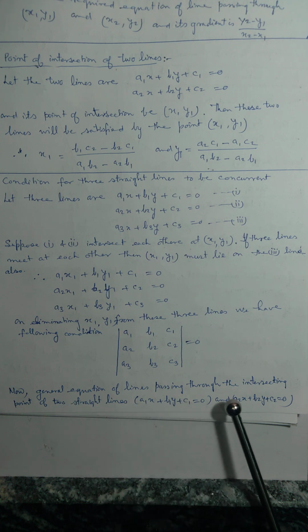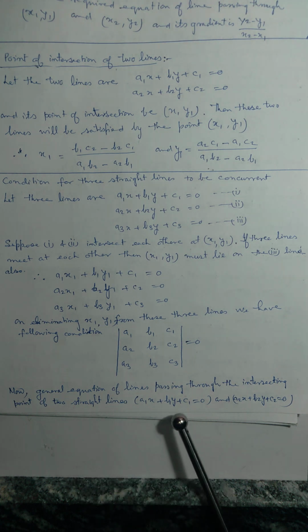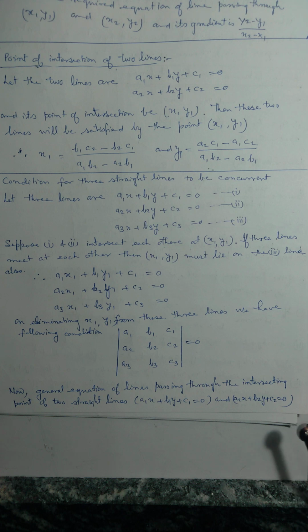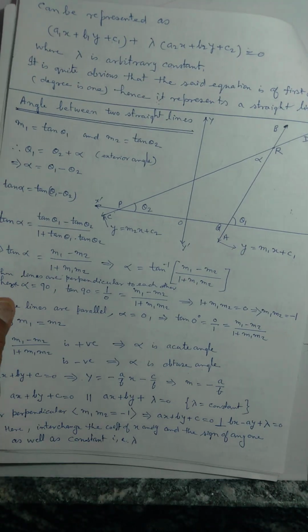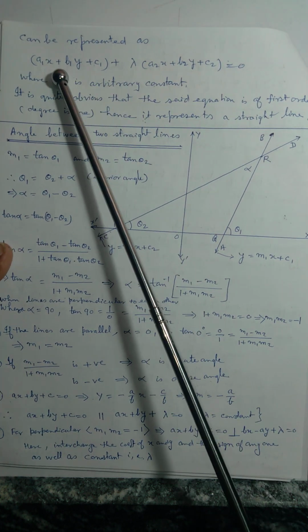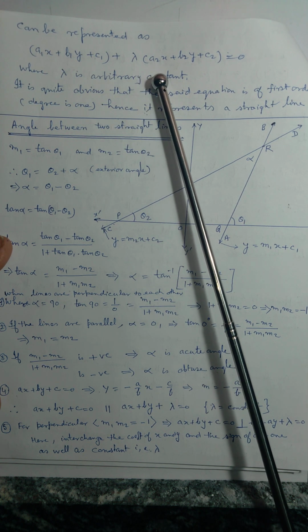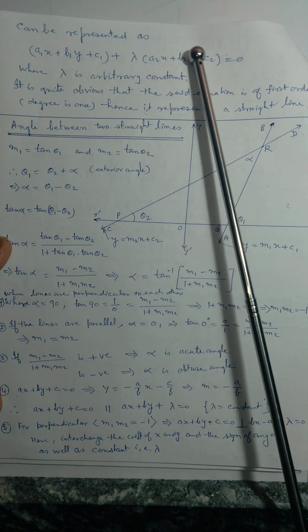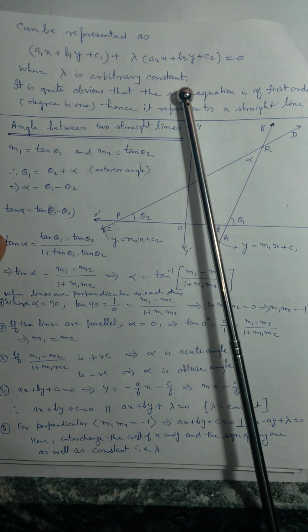The two lines are a1x plus b1y plus c1 equal to 0 and a2x plus b2y plus c2 equal to 0, and the general equation can be represented as a1x plus b1y plus c1 plus lambda times (a2x plus b2y plus c2) equal to 0, where the complete second equation is multiplied by lambda, an arbitrary constant.